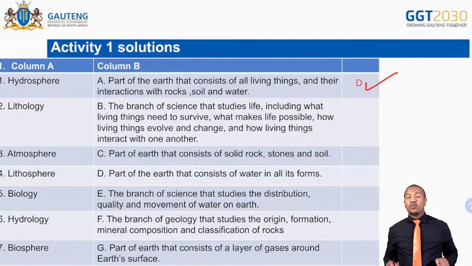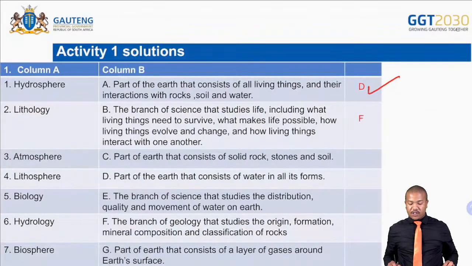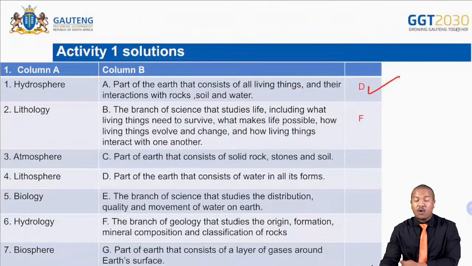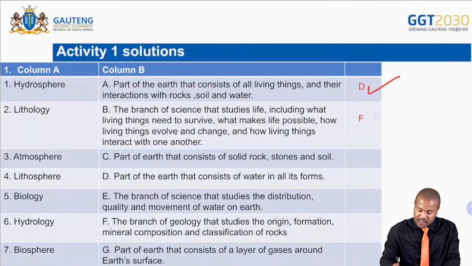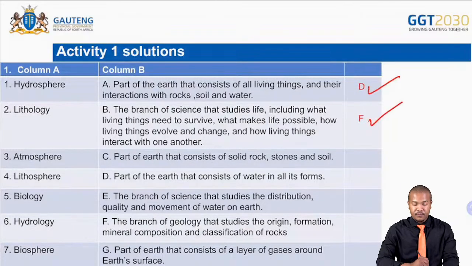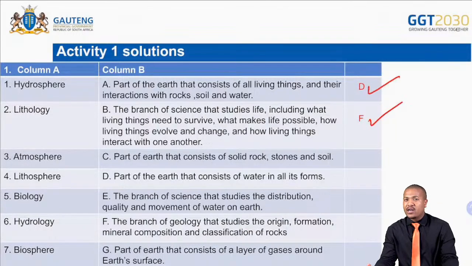Then number 2, lithology. Lithology corresponds with F, being the branch of geology that studies the origin, formation, mineral composition, and classification of rocks. That is F. Then number 3, atmosphere. Which one corresponds to it?